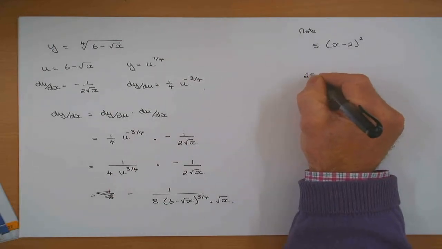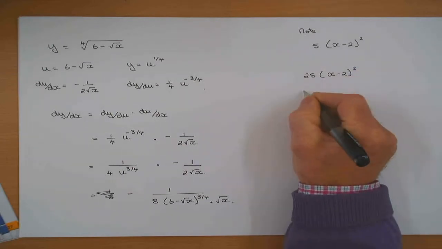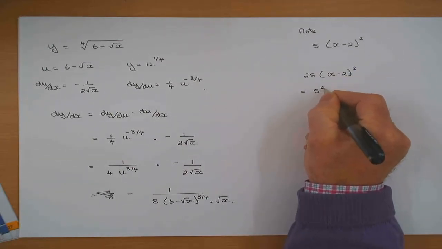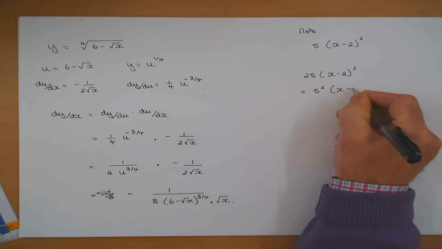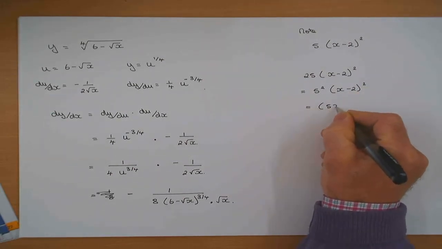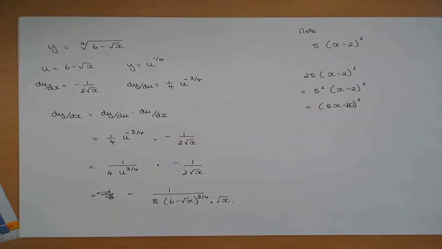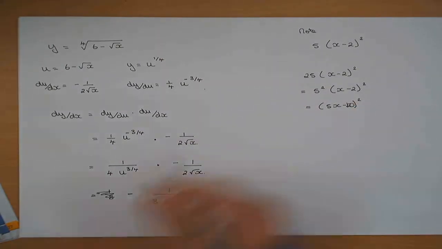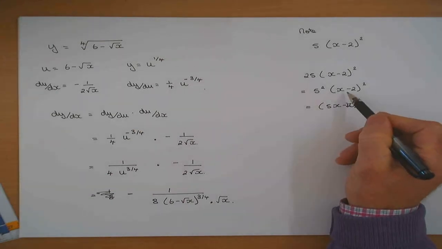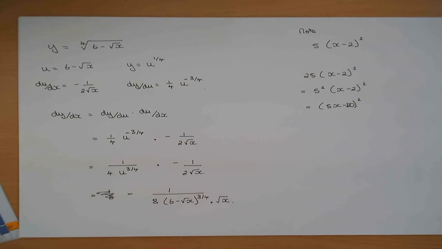If I had 25 times x minus 2 to be squared, I could say that's 5 squared times x minus 2 to be squared. I could now put in the 5, 5x minus 10 to be squared. Yes? Because it was squared, I can put it into a squared bracket and take out the power, but you couldn't do it the other way around.